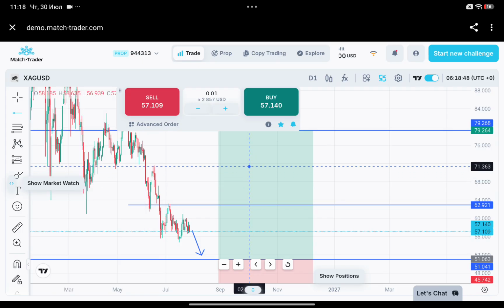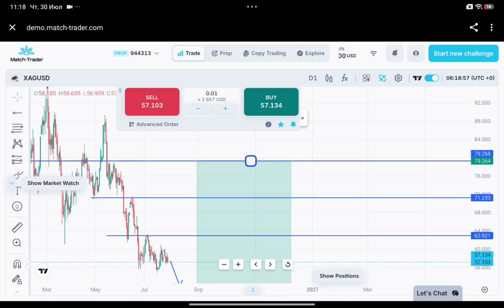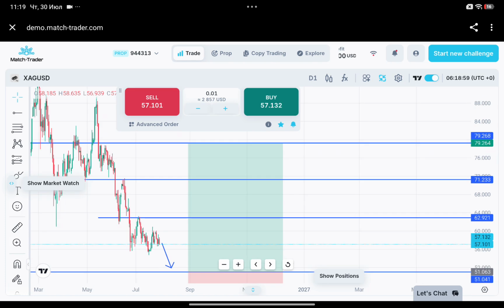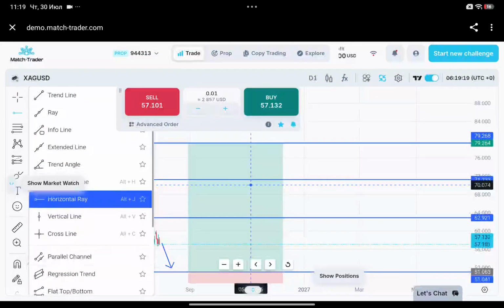At around $71, there's another supply zone, or it could be a demand zone. So I'm actually betting that if silver comes all the way down to $51, it's gonna go up, because it's cheap enough that it makes a lot of people buy. And I'm betting that the market is gonna go bullish.